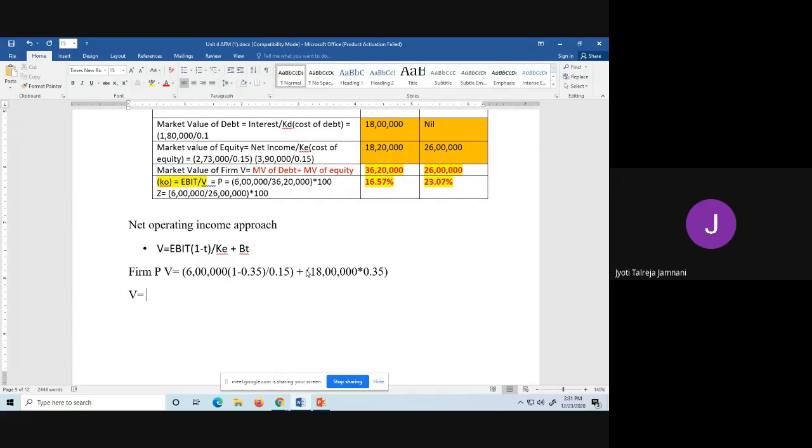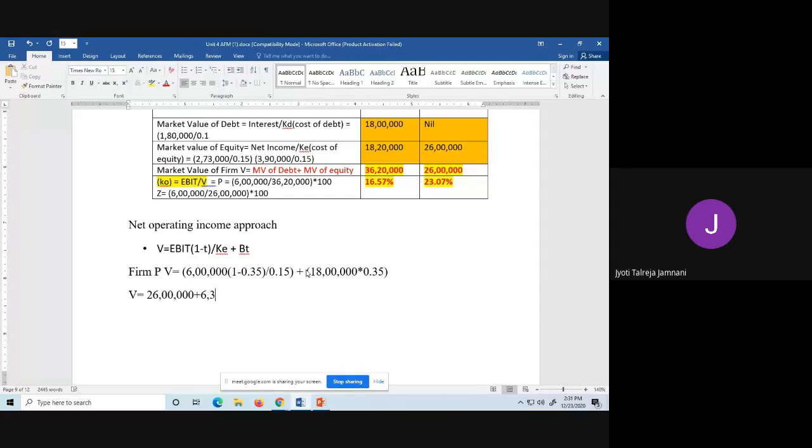So V is equal to 6 lakh into 0.65, which is 3,90,000, divided by 0.15. I get 26 lakh, plus 6,30,000.